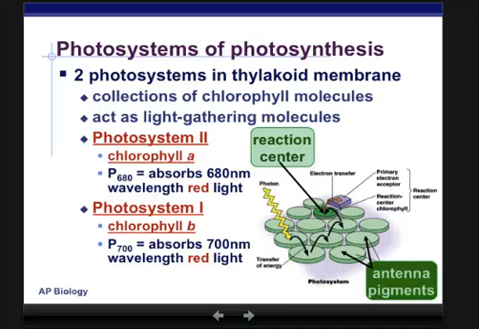At the reaction center is the primary electron acceptor, which removes an excited electron from the reaction center, chlorophyll A. That begins the light reaction. So the two photosystems don't compete with each other. They work synergistically using the different wavelengths of light.